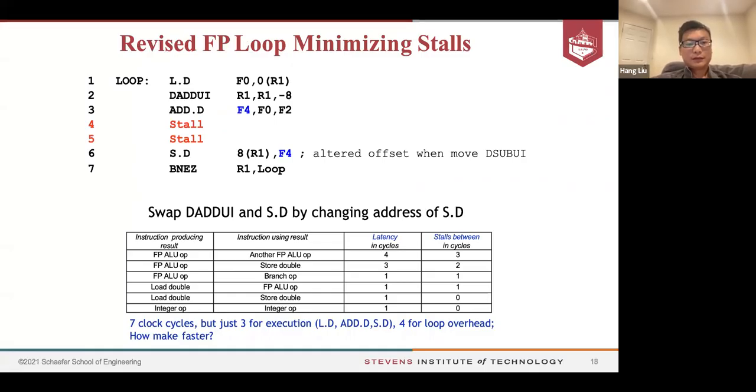So we load, and then we immediately do the subtraction. Then we do the addition. The store is still counting on the output of the add, so we still have 2 stalls here.